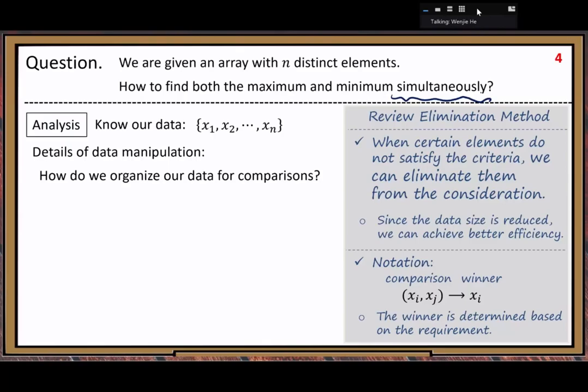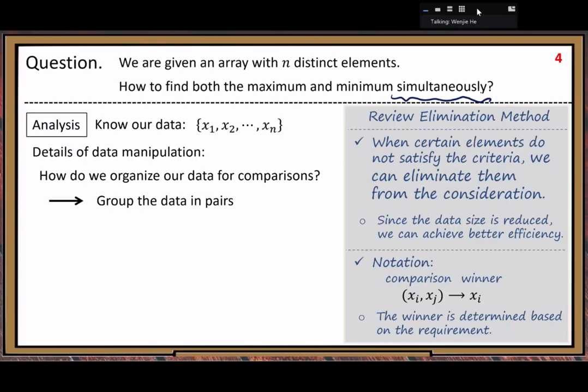So here we use one commonly used way: group the data in pairs. We pair our elements.